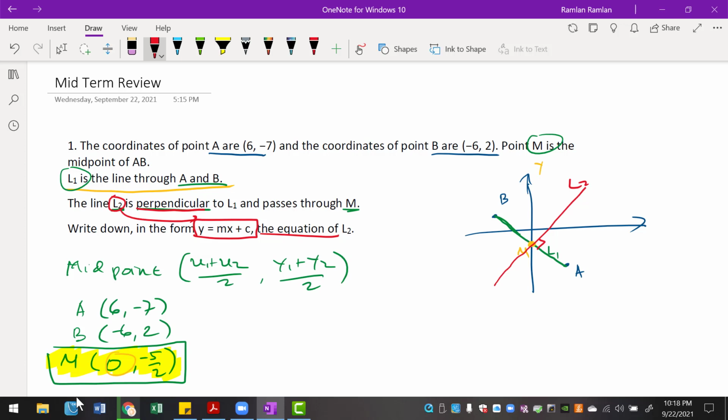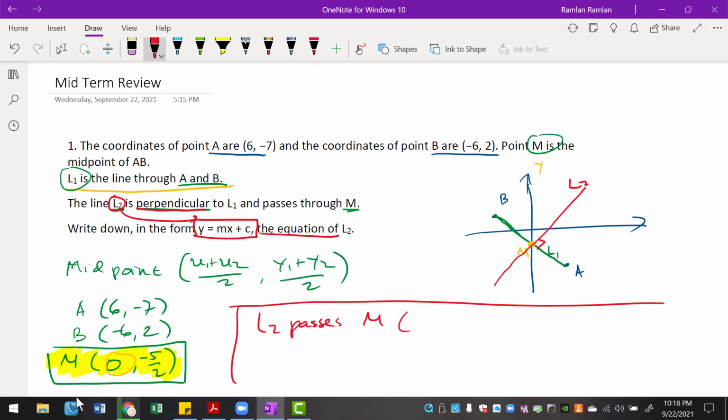For this L2, what we know is that it passes through point M, and the coordinates of M are 0, minus 5 over 2. Remember that to construct a line equation we need at least 2 points or 1 point with a gradient. We don't know other points that pass through L2, but we can find the gradient of this line.